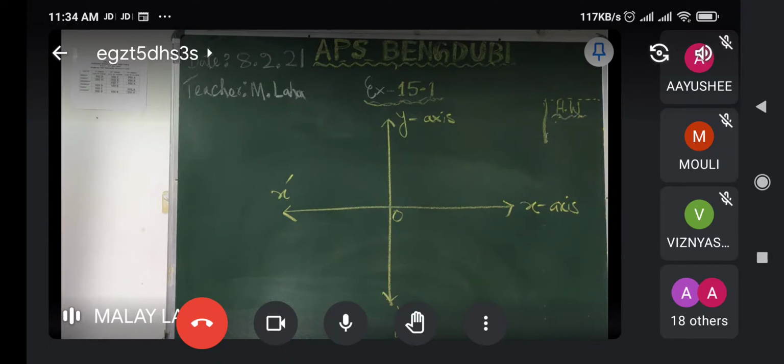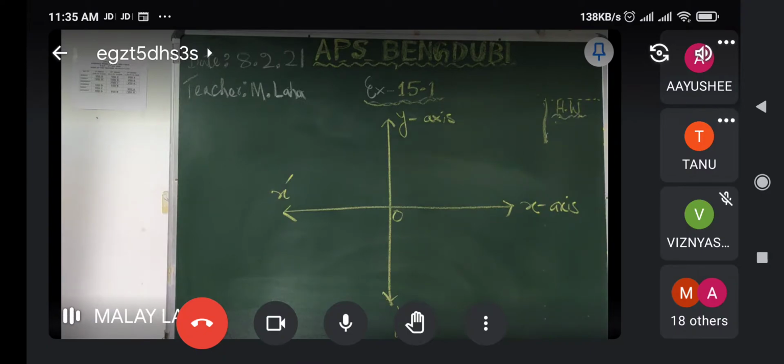Acha, Moli, what is the another name of the x-axis? Please answer. Who? Tell your name. Sir, Tanu. Tanu, tell me, what is the another name of the x-axis?